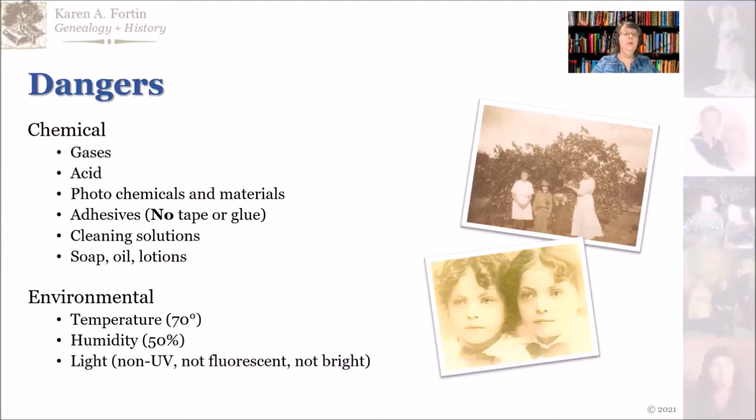Light is another important factor. You don't want to have a photo on display being kept in direct sunlight, and fluorescent lights can also cause damage. You want a display photo to be in an area that's not too bright and does not get direct sunlight. Again, I'll be talking a little bit more about environmental factors a bit later when we talk about storage.